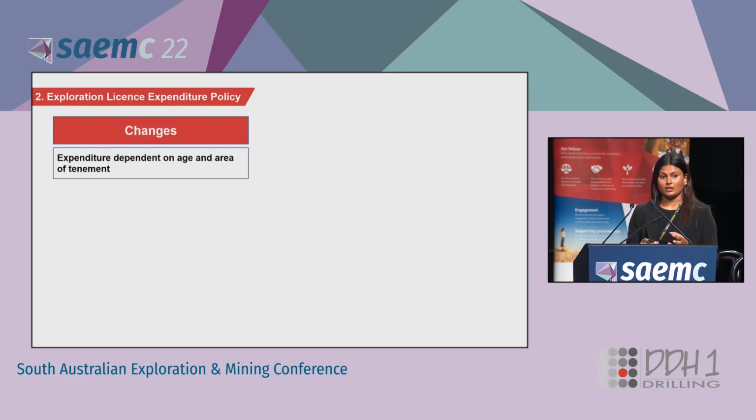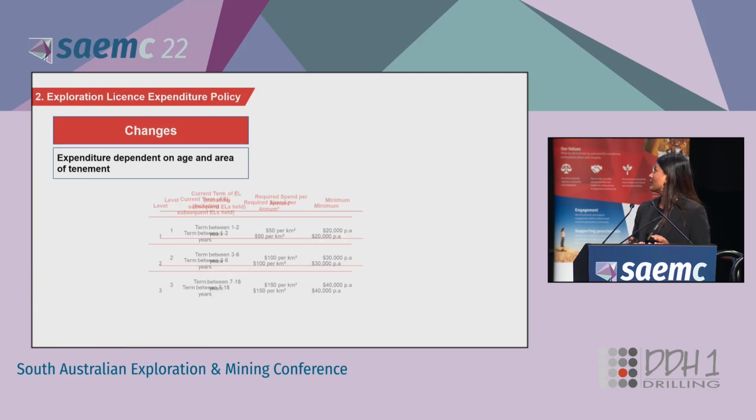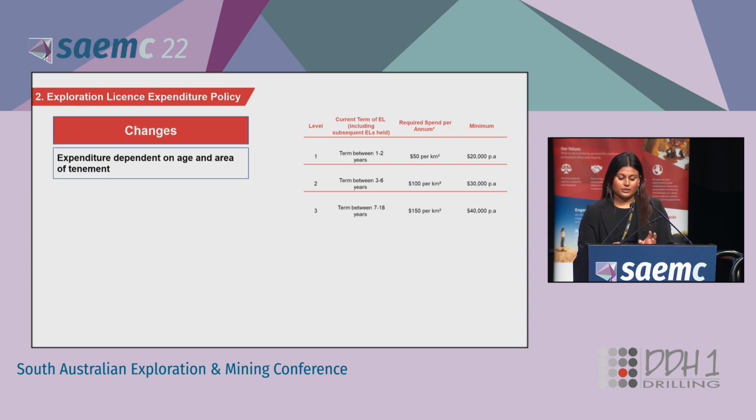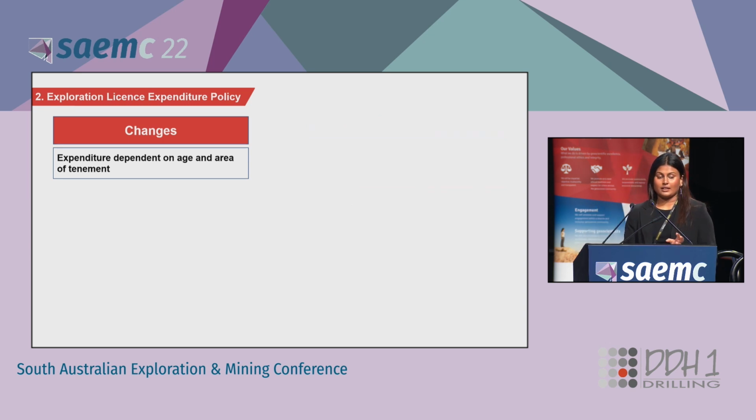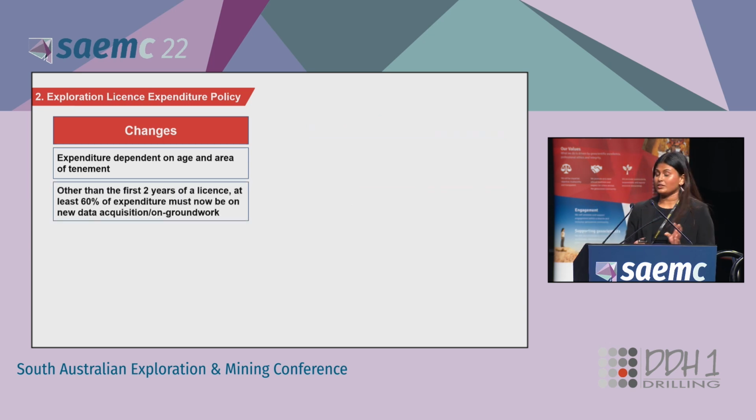So this is also important for the exploration expenditure policy, working out that deemed age. The new policy is based on the age and the area of the tenement; the expenditure commitment is dependent on those.